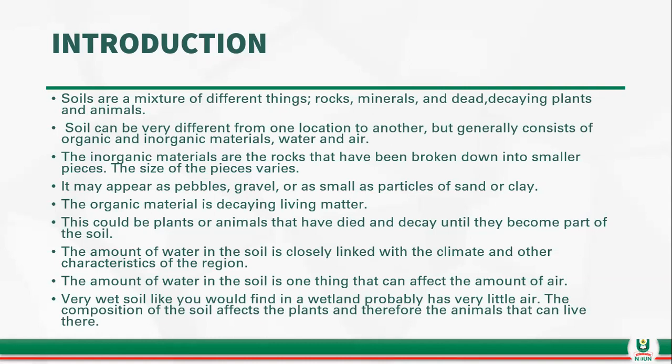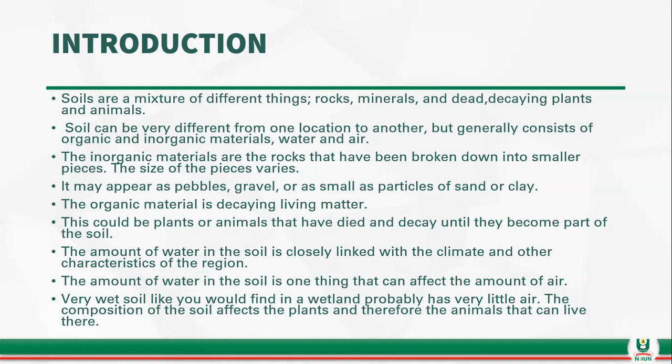The inorganic materials are the rocks that have been broken down into smaller pieces. The size of the pieces may also vary. It may appear as pebbles, gravel, or as small as particles of sand or clay. The organic material is decaying living matter. This could be plants or animals that have died and decayed until they become part of the soil.